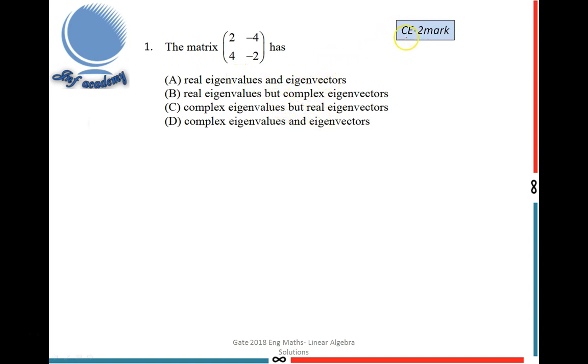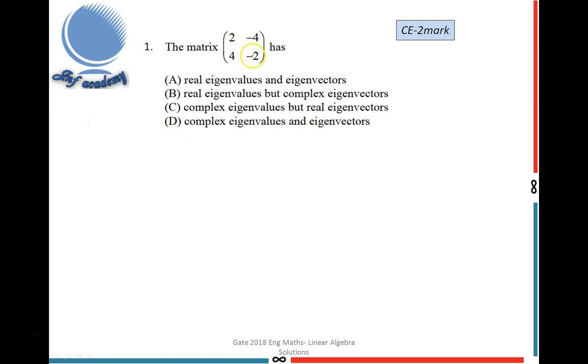This question is from the CE department, Civil Engineering department. It has 2 marks. First, you have to find the eigenvalues. Suppose the given matrix is a skew symmetric matrix, then you can say immediately that the eigenvalues are complex. When will you say one matrix is skew symmetric?